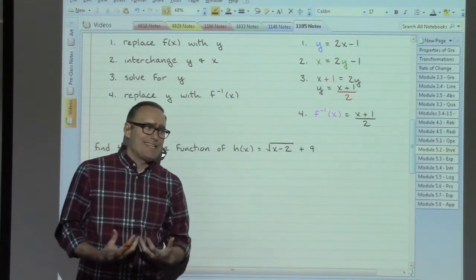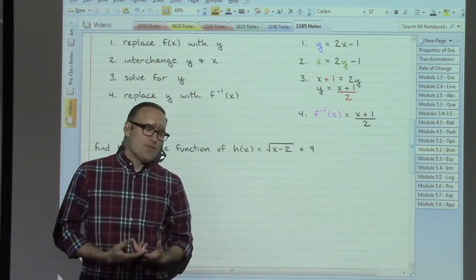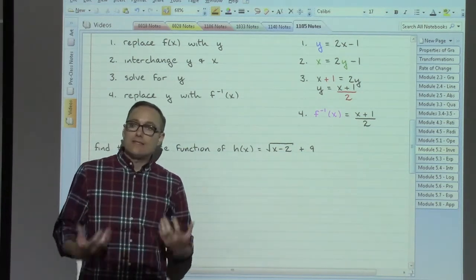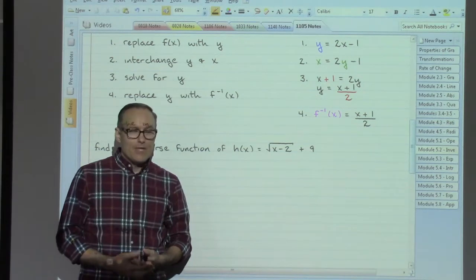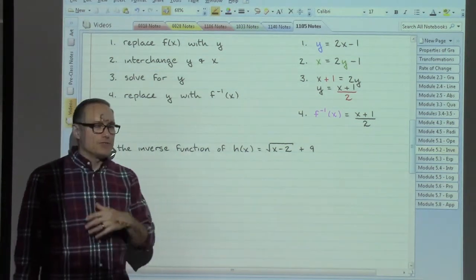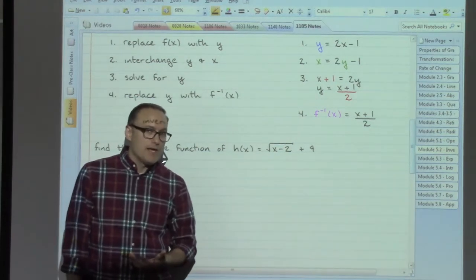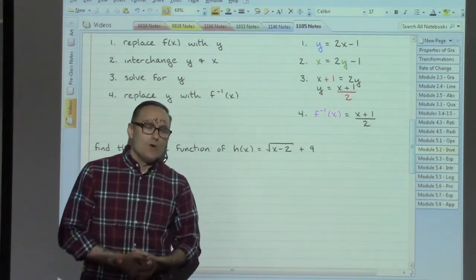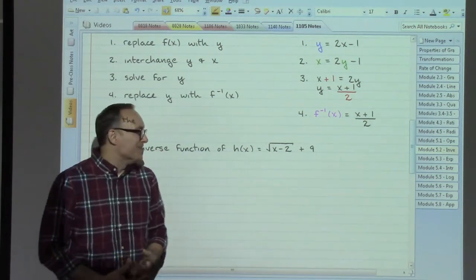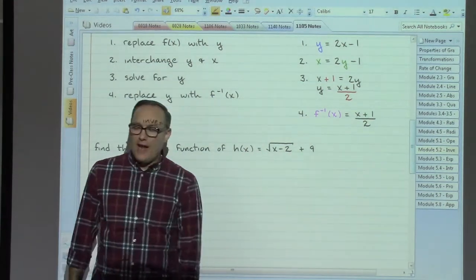In a case like this, they're not going to try to pull a fast one and tell you to find something that isn't there. They're not going to send you on a wild goose chase. So the fact that they're asking you to find an inverse function means that there is something to find. That's one thing. But for anybody who is very skeptical, you can graph it.